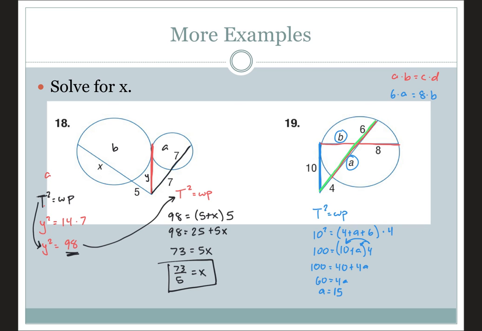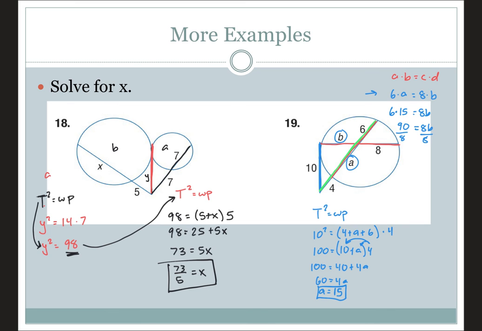All right, that is awesome. Now I can plug this into my other equation and solve for b. So I've got 6 times 15 is equal to 8b. Well, I've got 90 right here is equal to 8b. Divided by 8.